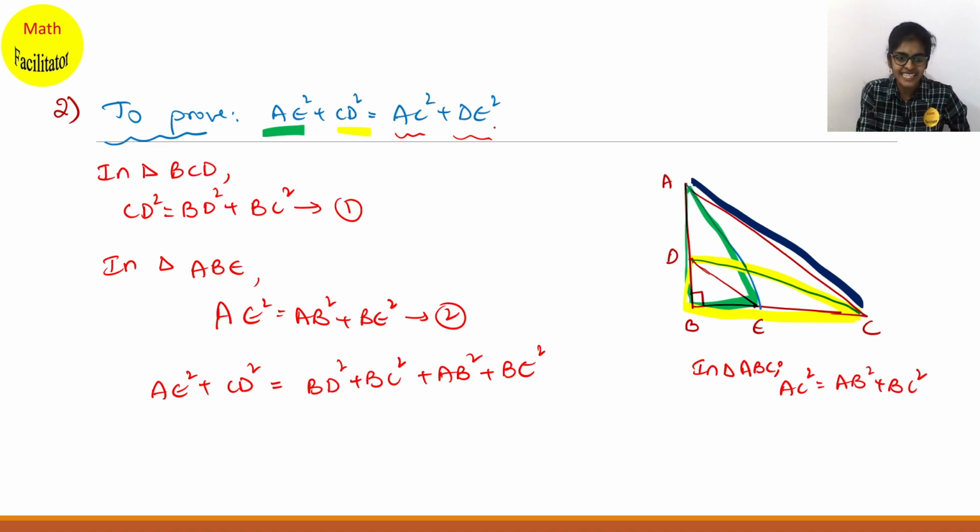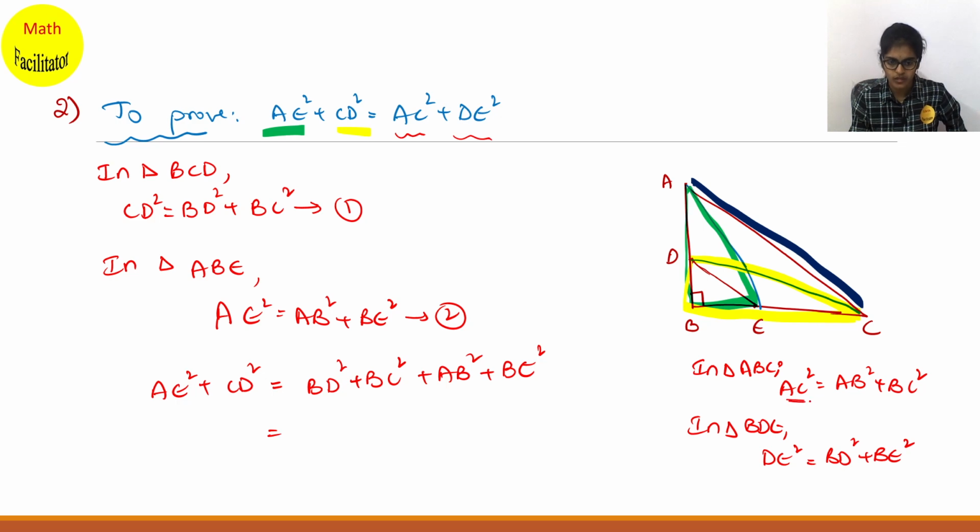Now DE, where is DE? D is in the smaller triangle. So in triangle BDE, in the smaller triangle, DE square is equal to BD square plus BE square. So if I rearrange this, just see, I want AC square. For AC square I have AB and BC.